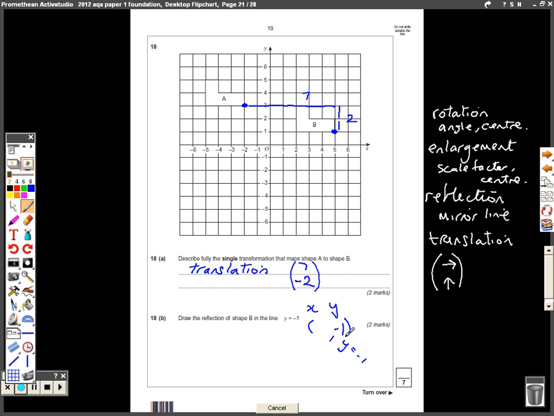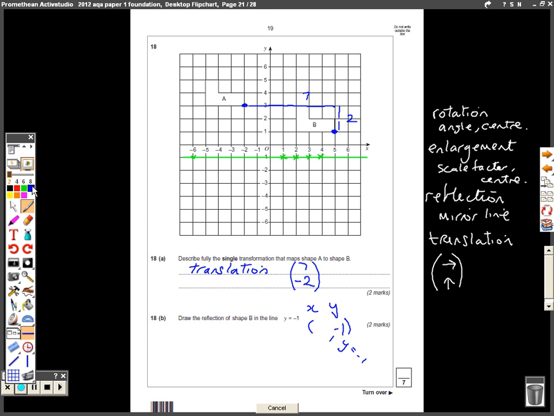That means that the line must always have a y coordinate of minus 1, and the x coordinate could be anything, so I could be looking at 1, minus 1, or 2, minus 1, or 3, minus 1, or 4, minus 1, or minus 6, minus 1. You can see quite quickly that the line must go through minus 1 on the y-axis.